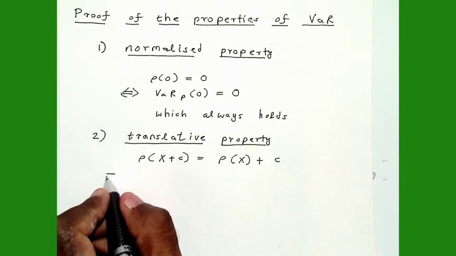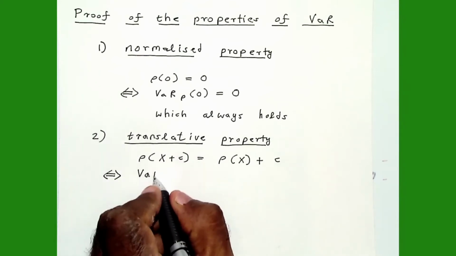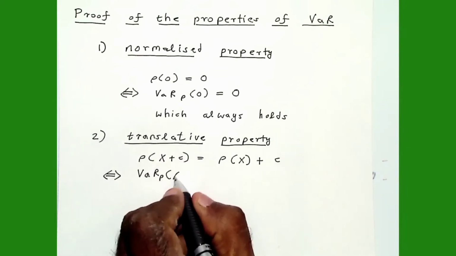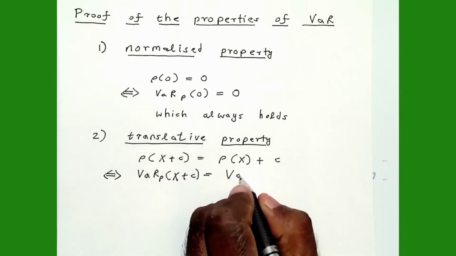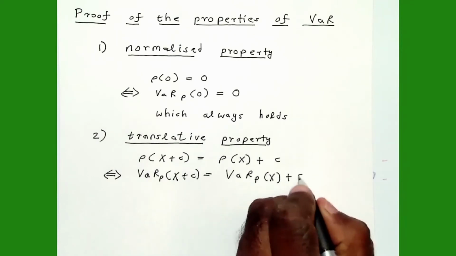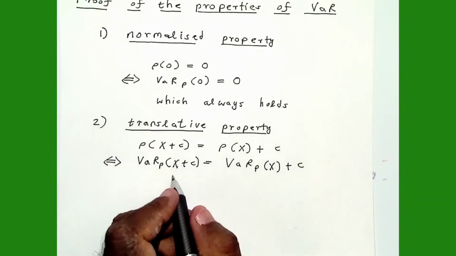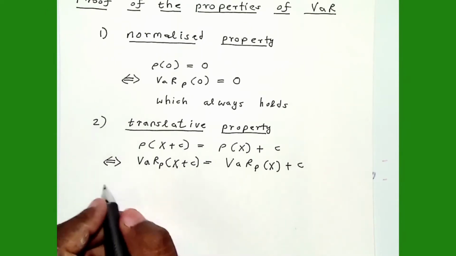Now for VaR, this is the same as saying that, now I'm going to assume that X is absolutely continuous throughout these proofs.